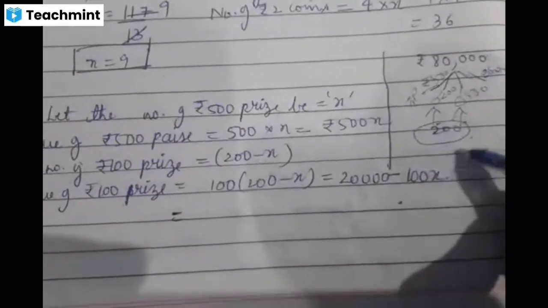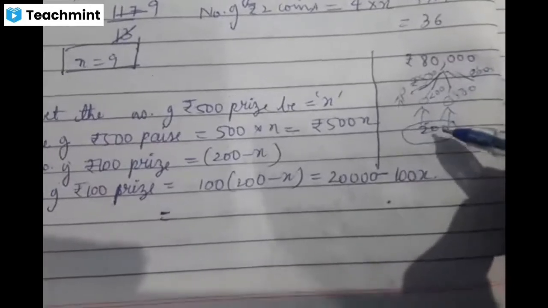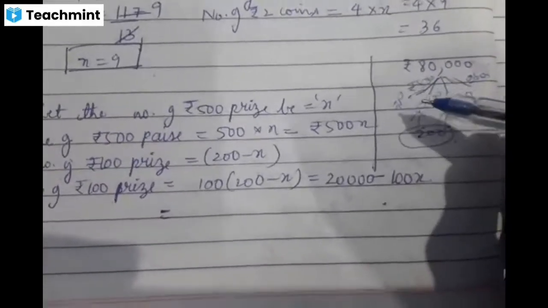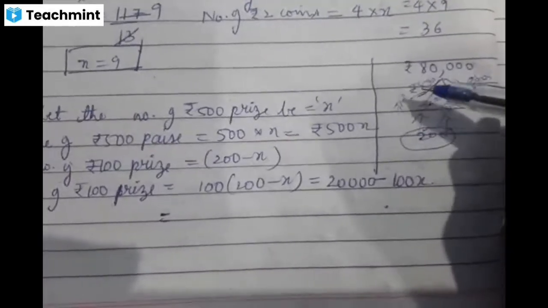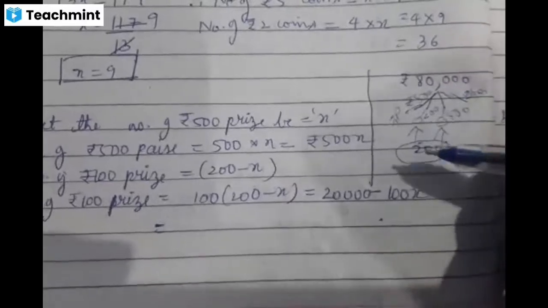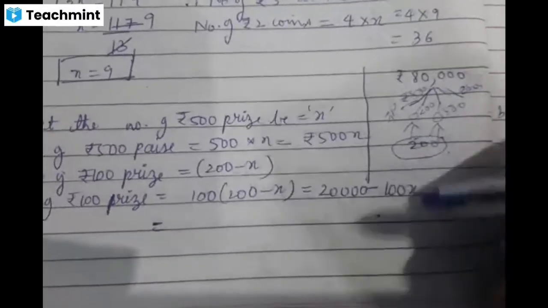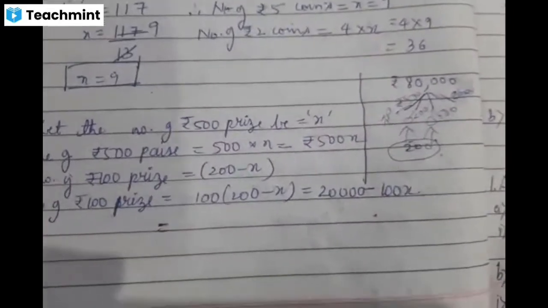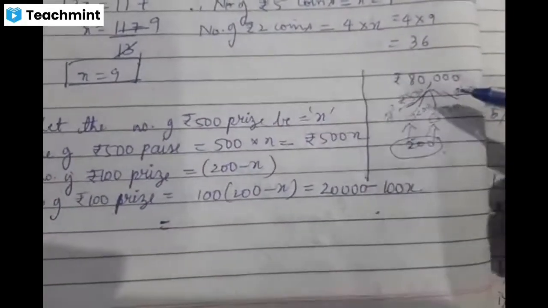So totally there are 200 persons. x persons are getting 500 rupees as prize, then out of 200, how many are getting 100 rupees? 200 minus x.